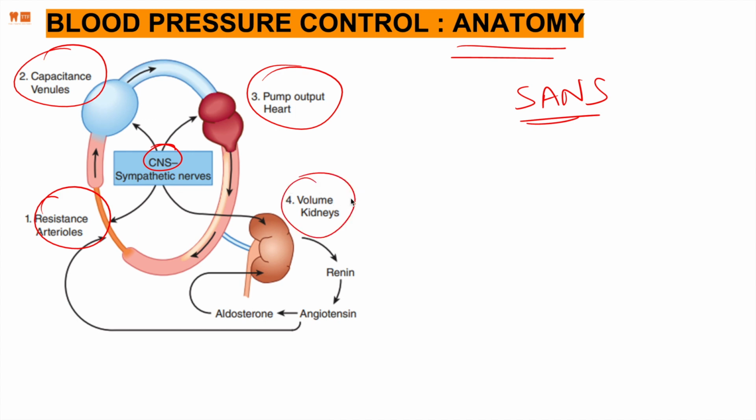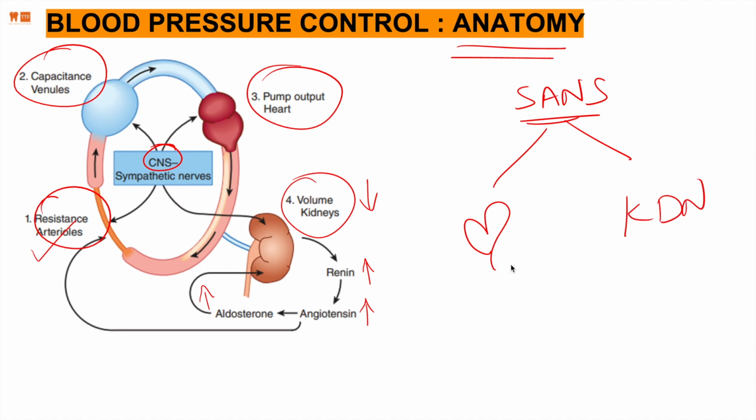So if the volume to the kidneys is reduced, the renin is going to be increased, leading to angiotensin production, aldosterone production, sodium water retention, and then an increase in resistance of the arterioles. So PVR is increased. So we have this sympathetic autonomic nervous system, heart in function, kidney in function, and back to peripheral vascular resistance that controls the blood pressure.